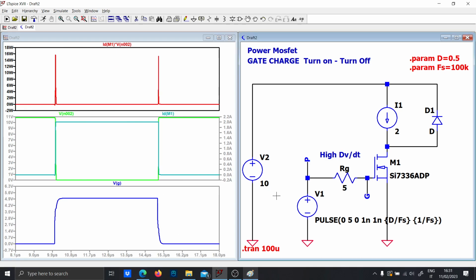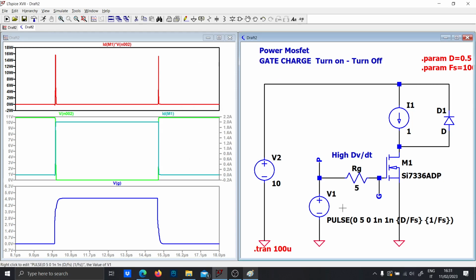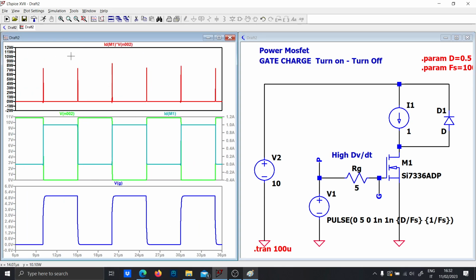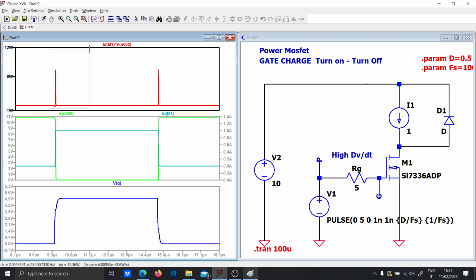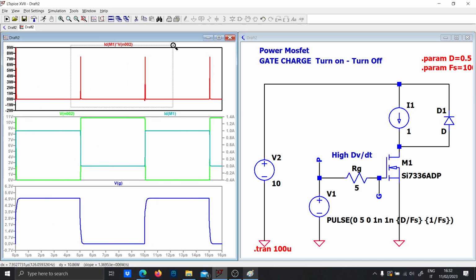Still high, so let's use a lower current. Yeah, it's still high. So now let's see what is going on here.